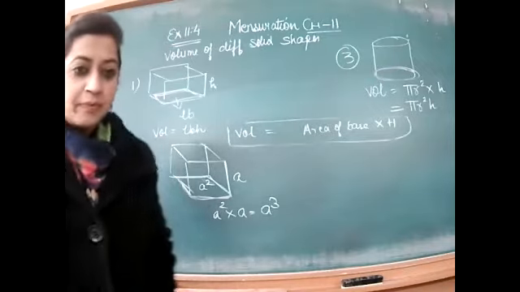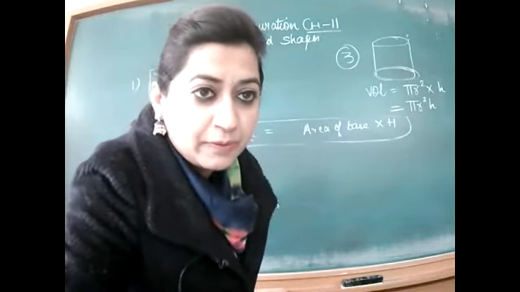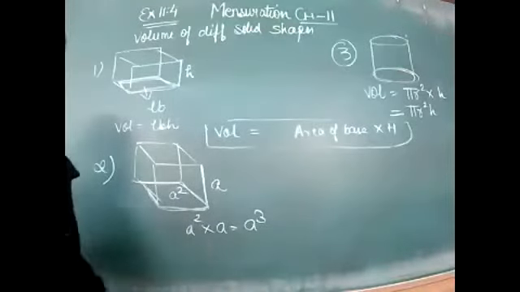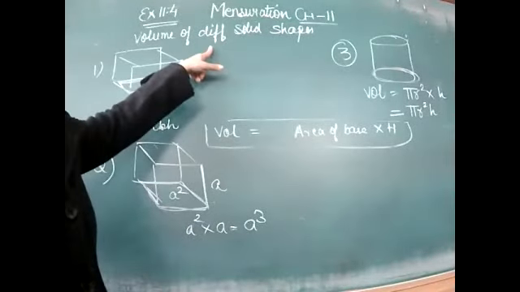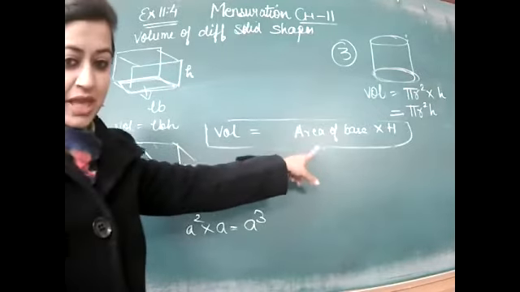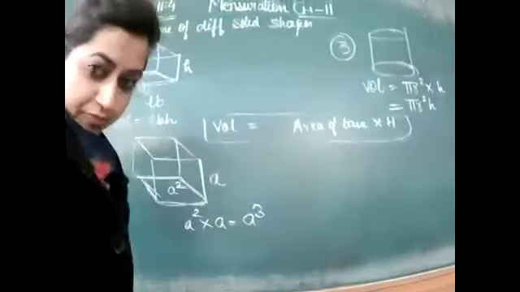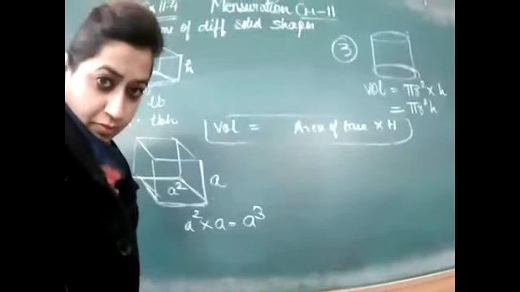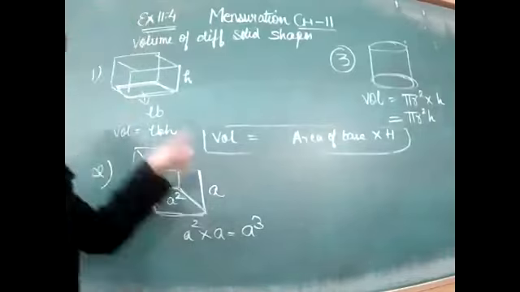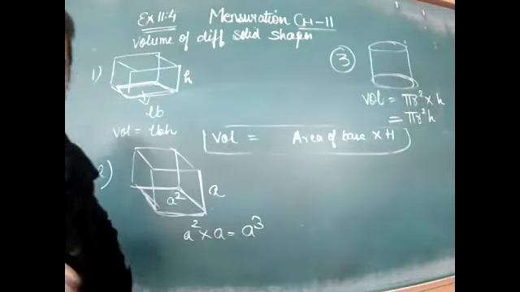So please write down this formula and you will write this in your fair notebook. Firstly, you will write the heading, volume of different solid shapes. Then you will write volume is equal to area of base into height. Then you will write these examples: cuboid, cube, then cylinder.